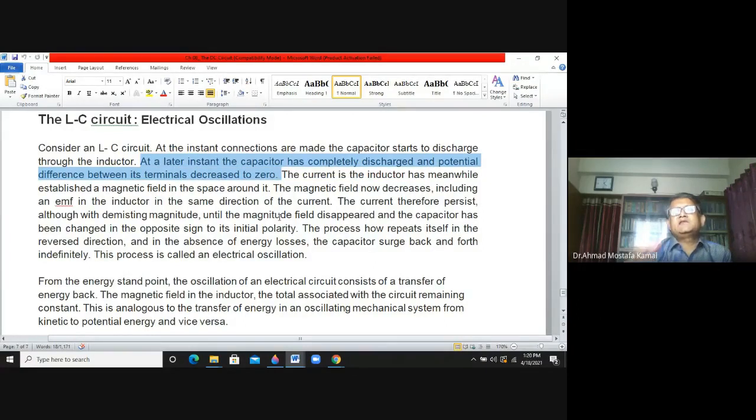So when it starts to discharge, at some stage it will completely discharge. Okay, then what happens? The current in the inductor has meanwhile established a magnetic field in the space around it.